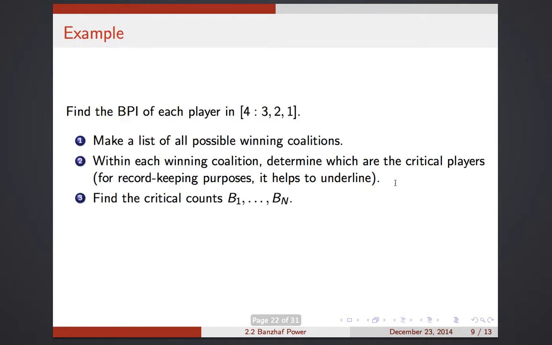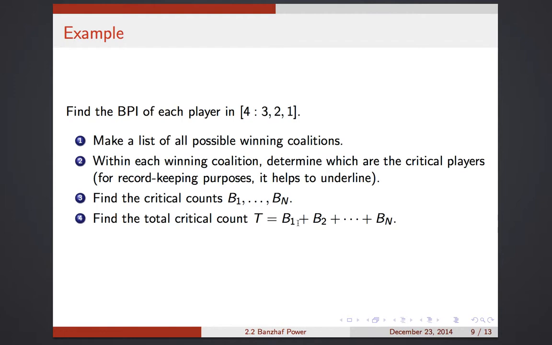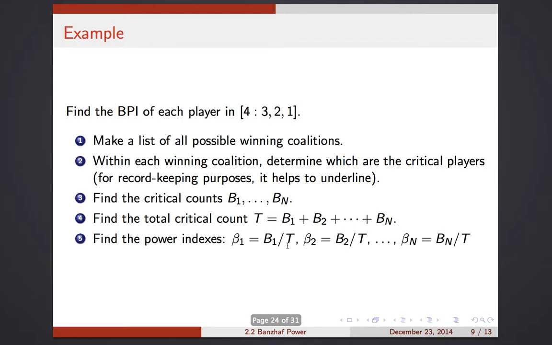The third is to find the critical counts. You're doing steps 1 and 2 so that you can do step 3. You must know the critical counts before you can do anything else. Once you have the critical counts, you compute their total by adding them all up. As a last step, you compute the power of each player by taking the respective critical count and dividing by the total critical count.